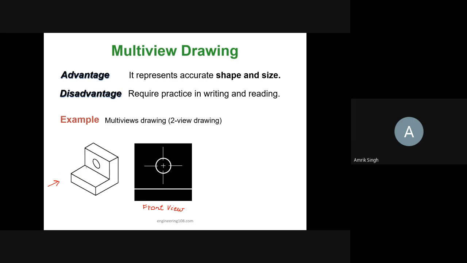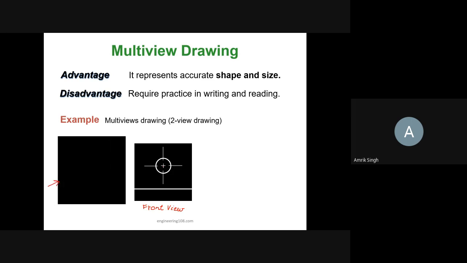Then this line will merge with this line. So we have drawn the bigger rectangle, which will be this upper one, and then there is a circle. To draw the circle, we have first drawn the center line. So this is also the center line. This will be the center of the circle in the object. So this is the front view.